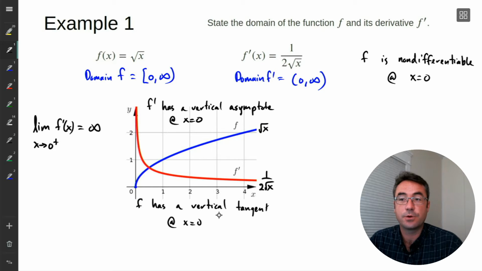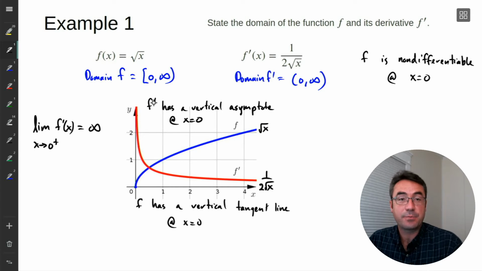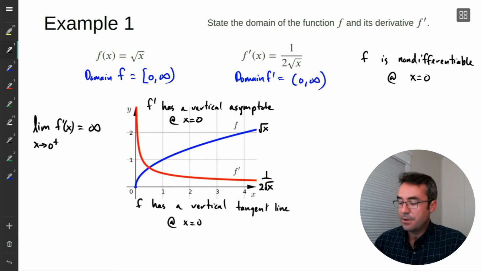So our function has a vertical tangent line at x equals 0, and correspondingly, f prime has a vertical asymptote at x equals 0. This is an example of what might happen if our function is non-differentiable. We might have a vertical tangent line.